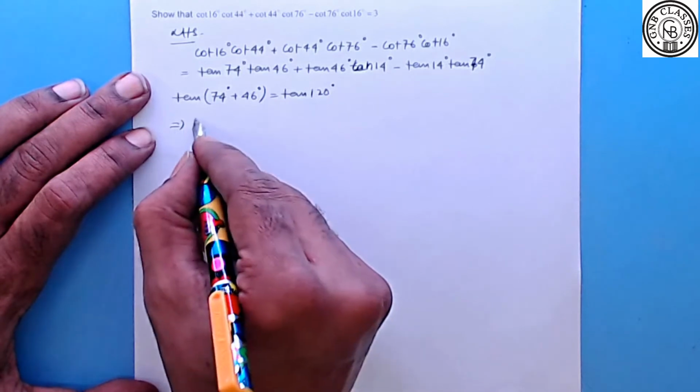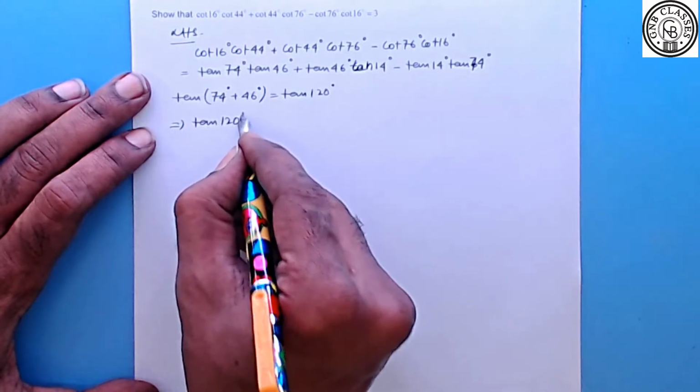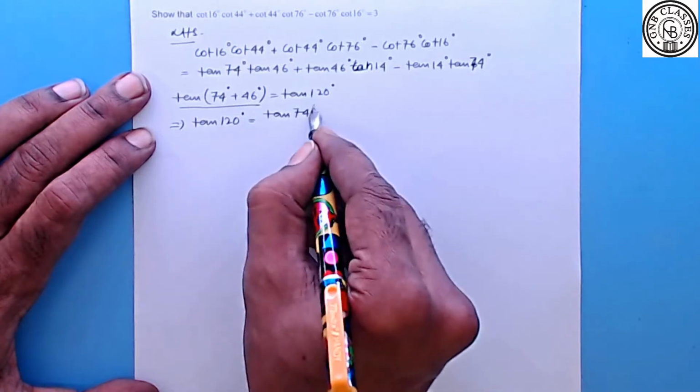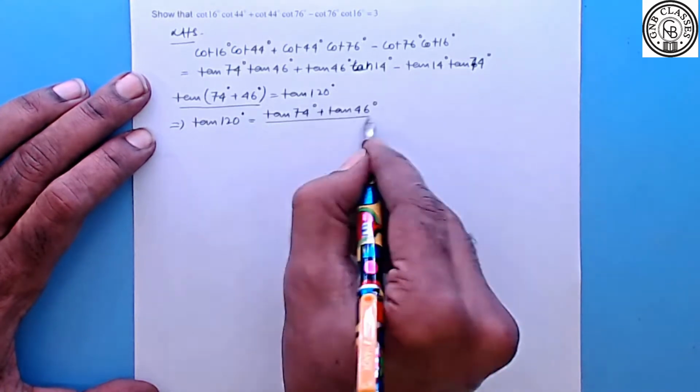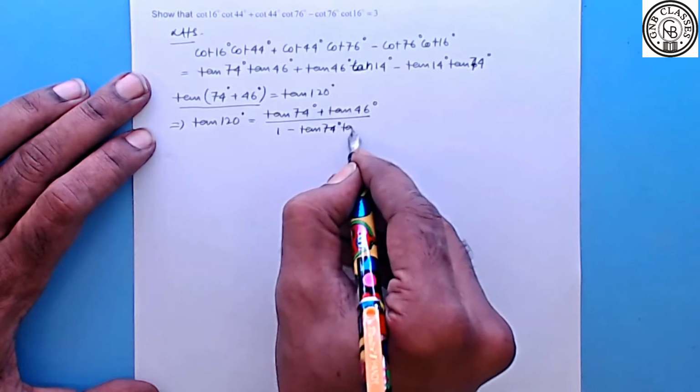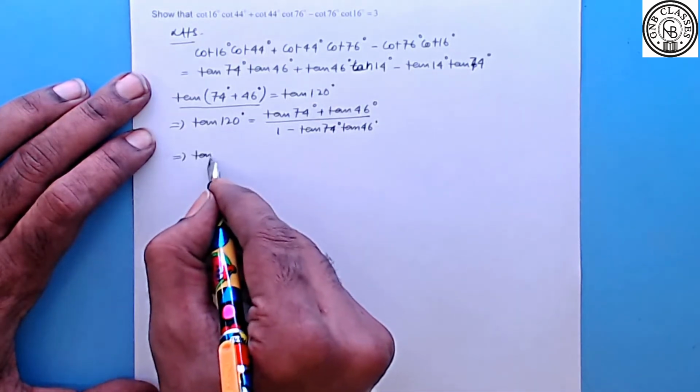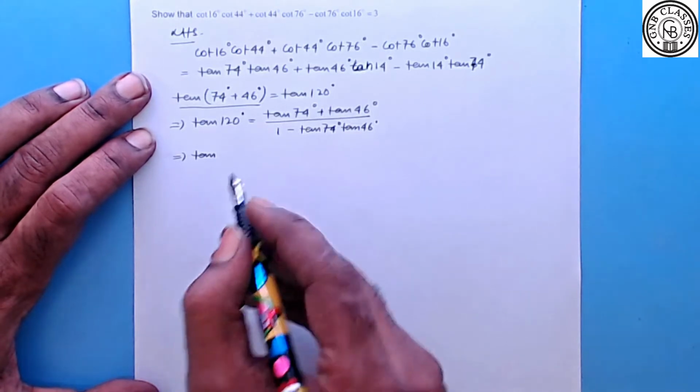Okay. So tan 120 degree, I am now applying the formula of tan (A plus B). So we are getting... what is the value of tan 120 degree? It is basically tan of (180 degree minus 60 degree).